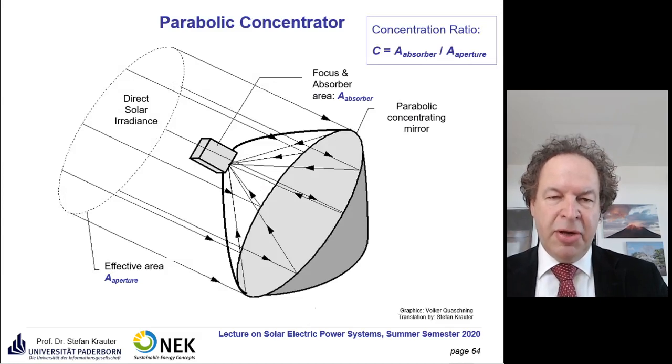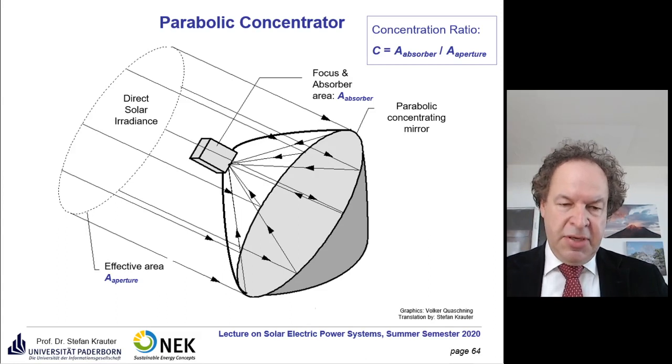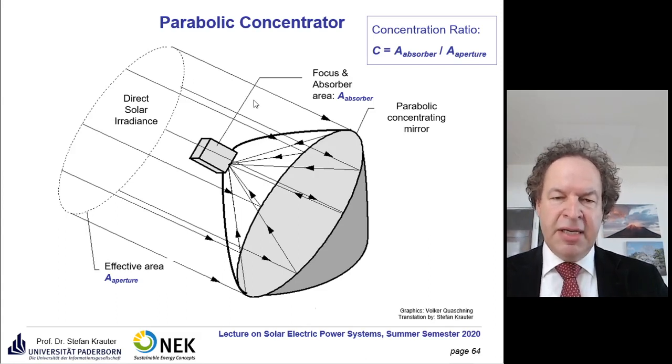But today we talk about concentration. So we have here as an example the parabolic concentrator. You have the effective area from the sun coming in. In general, a parabolic concentrator can only concentrate direct solar irradiance. It cannot make use of diffuse irradiance. So we have the effective area.